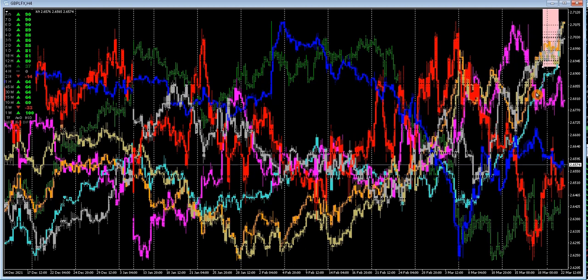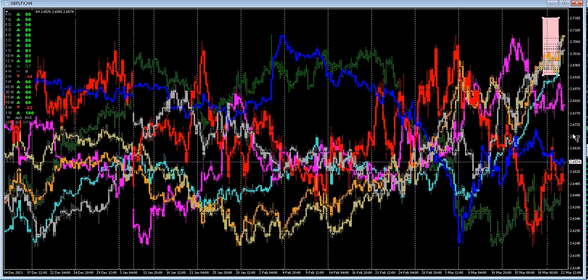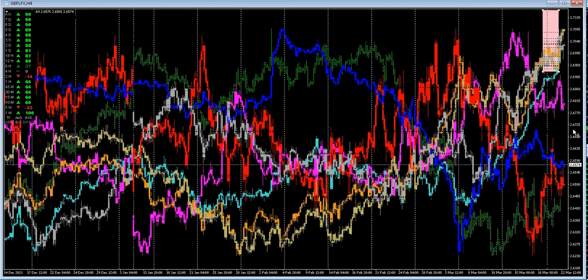And if we go back here and do it every time, we'll notice that there's always a stronger one, and that is the dominating currency. That is what I'm referring to as the dominating currency. And it's important to know which is the dominating currency when trading on the other pairs.